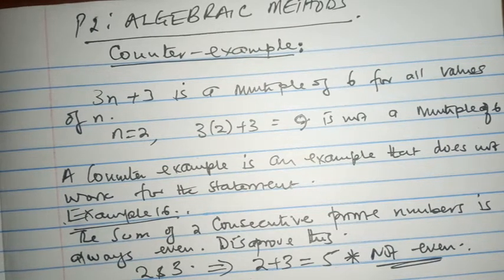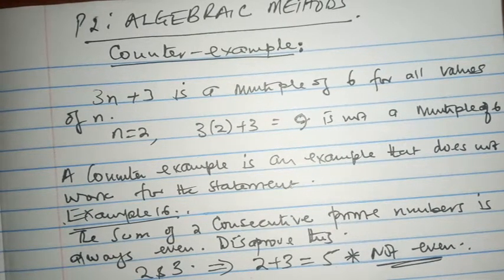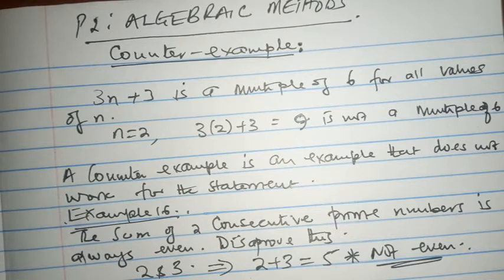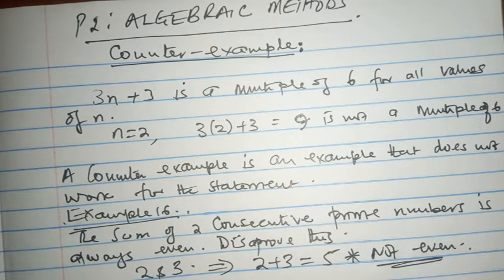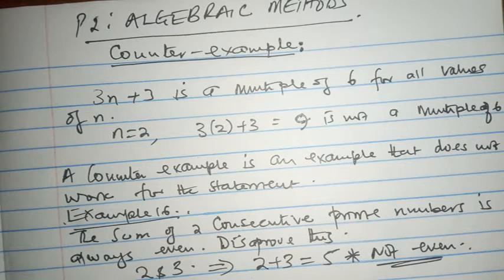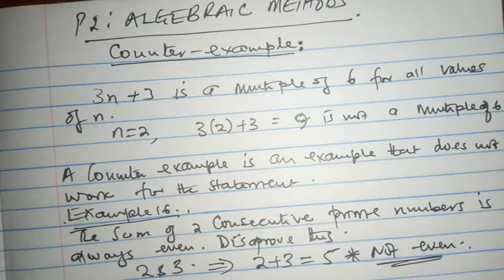And if you go further to example 17, we are told to prove that for all positive values of x and y, x over y plus y over x is greater than or equal to 2.